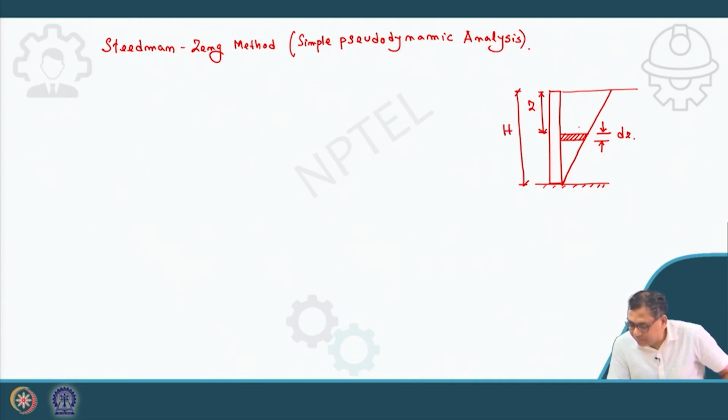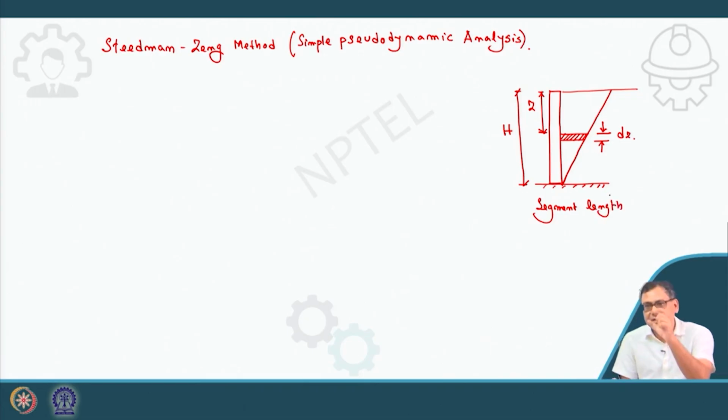So, what will be this small segment's length? The segment thickness is dz, and the segment length will be capital H minus z divided by tan alpha. Alpha is this angle.